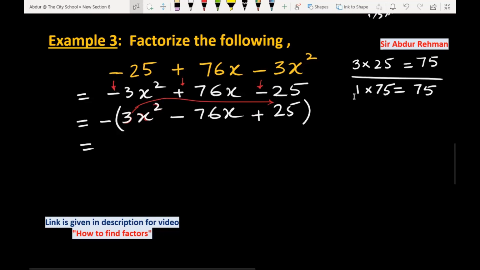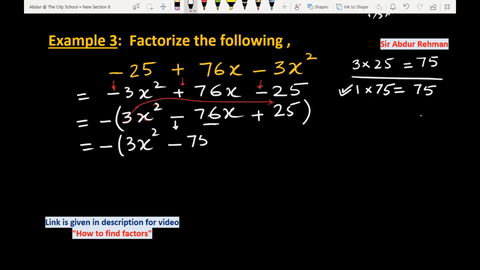By adding or subtracting these factors, you have to find the middle term, which is 76. The middle term is 76 here. So check: 75 plus 1 is 76. Yes, it is correct, the factors are correct. So copy the minus and 3x squared here. Copy this minus sign and write down the bigger factor, which is 75x, then the smaller factor, which is 1x, plus 25.